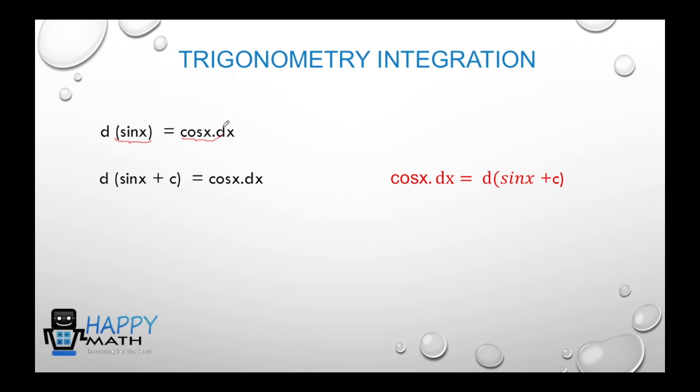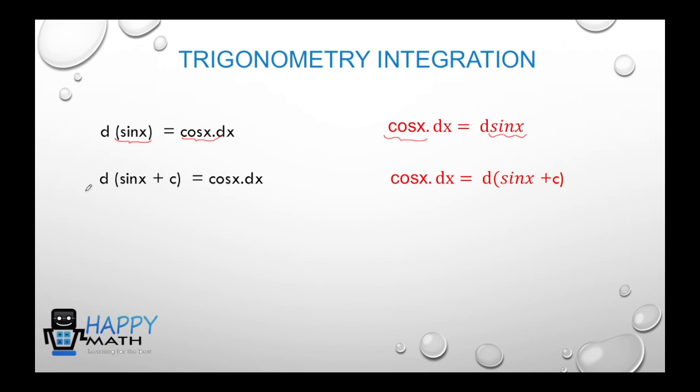When you take the integration of cos x, you have to move the main function cos x from outside of the derivative to inside of the derivative, and the main function changes and becomes sine x. For example, like this.